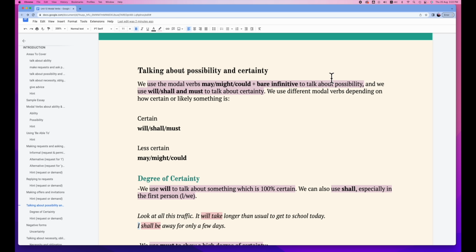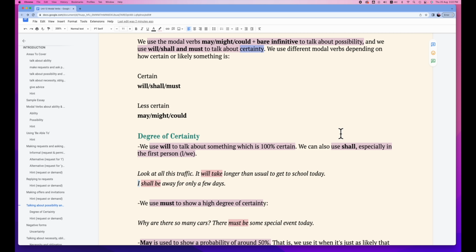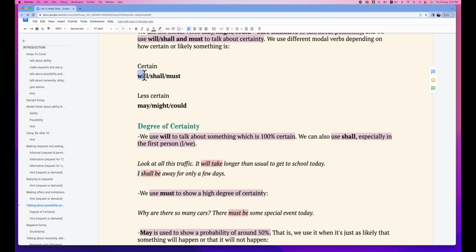Of course, certainty is talking about something you are more sure of, and with possibility, there must be some degree of something likely to happen. For something certain, we use will, shall, and must. For something less certain, we use the modal verbs may, might, and could. It depends on the degree of certainty.